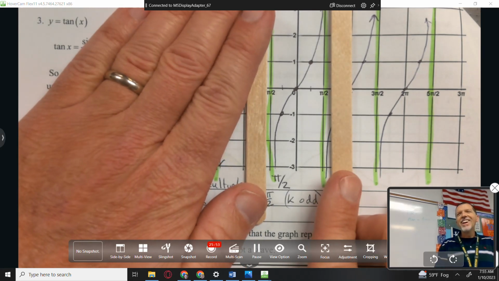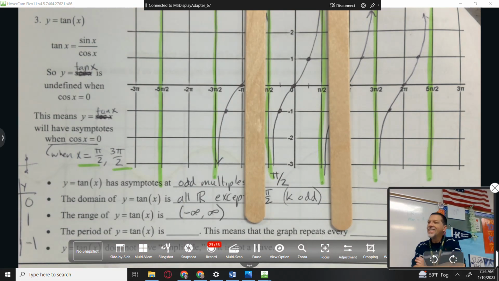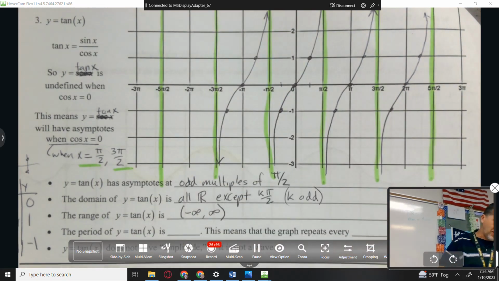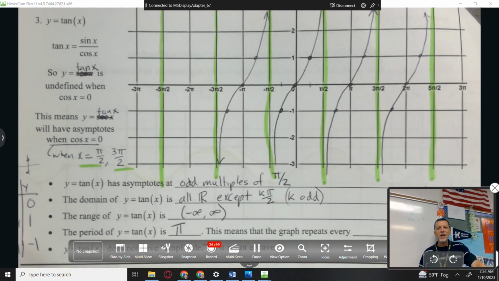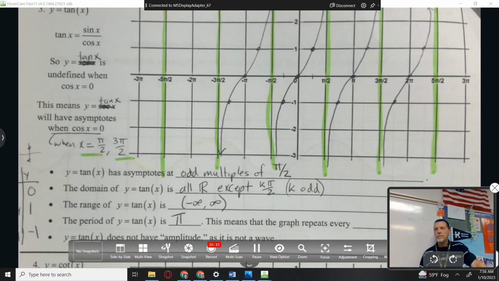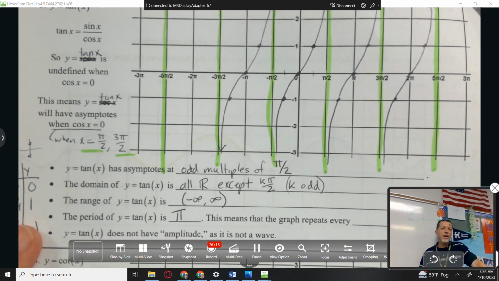That's fair. And each block is pi over 2. So 2 pi over 2 is pi. 2 blocks. I like that answer. Don't put that on the test. The period of tangent is 2 blocks. Unless you say a block is equal to pi over 2, and then you'd be correct.